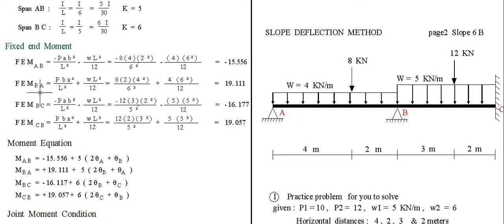Then fixed end moment BA is also a concentrated load and a uniform load: P B A square over L square plus W L square over 12. Okay, substitute.